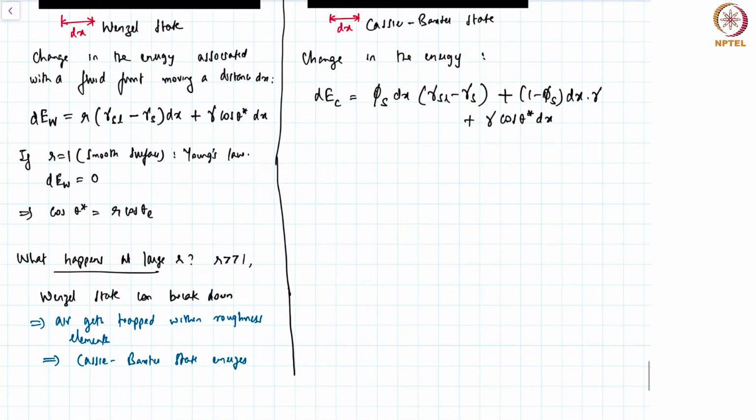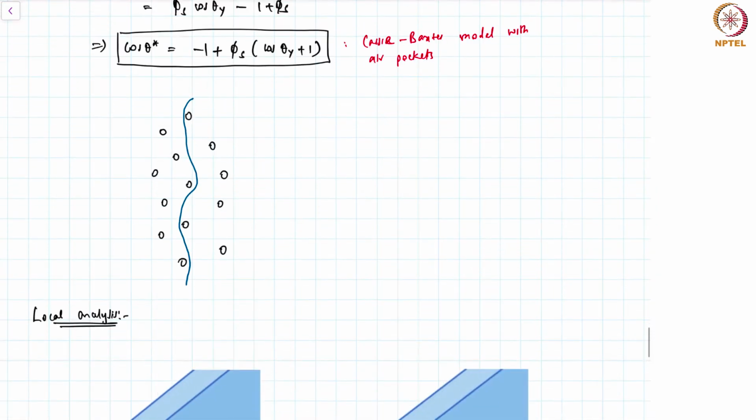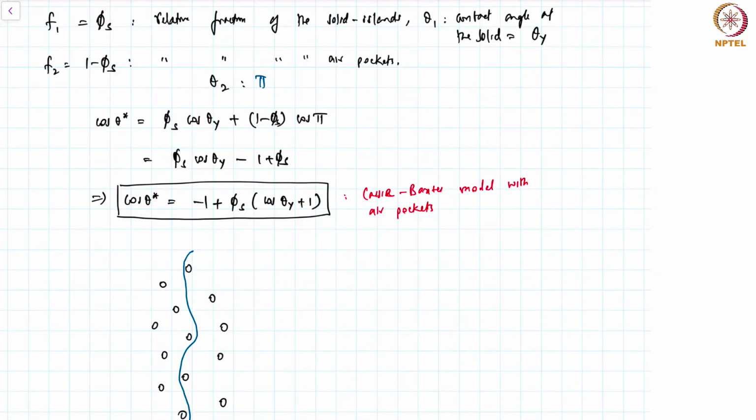If we set dE_C by dx to 0, we get cosine of theta star equals minus 1 plus phi s times (1 plus cosine of theta y). That's my Cassie-Baxter relation. Compare this to what we have got here. These are identical expressions that I've put in this box, right?